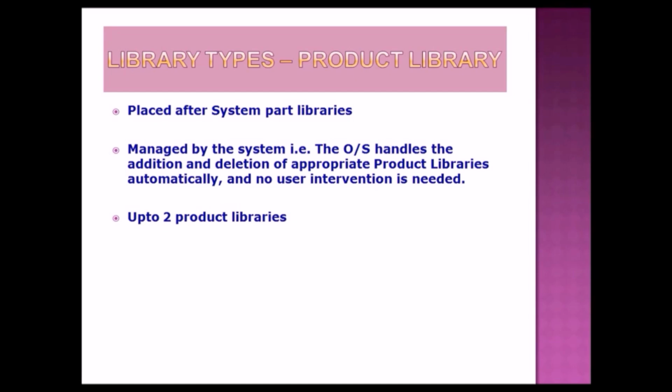Both these actions, that is addition into the library list on task start and removal on task completion, are taken care of by the operating system. No user intervention is required for either addition or removal. In general, up to 2 product libraries can be added within the library list.